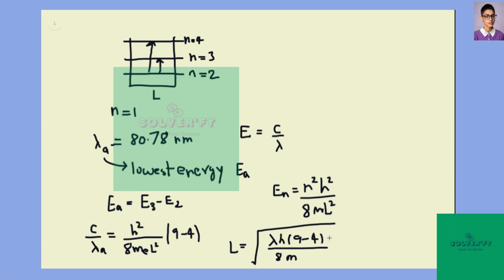Now I can do one thing: I can multiply this with a c in the numerator and again with a c in the denominator, because there is an L on this side, the lambda goes here, and c comes in the denominator.